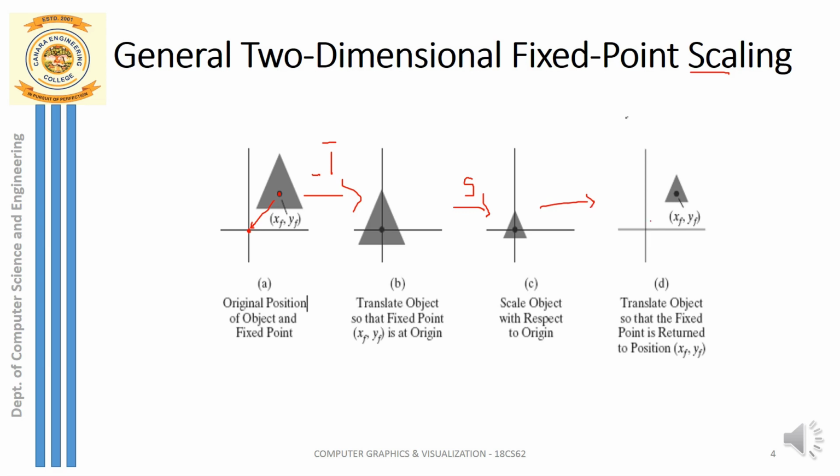That procedure you call forward translation, by applying the translation factor along x and the translation factor along y. So this procedure remains the same, but here instead of rotation I am performing scaling.